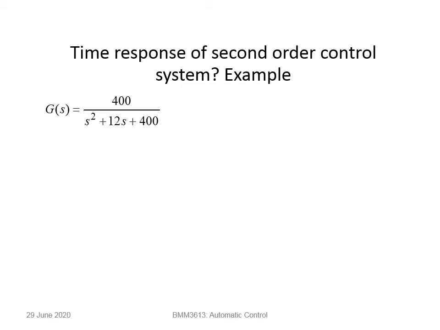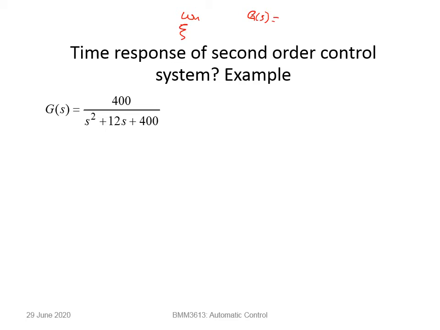So let's take an example of this transfer function. We have G(s) equals 400 over s square plus 12s plus 400. So what do we do to deduce what kind of second order time response it is? What we need to do, first and foremost, is write it in the form of the general transfer function, written using omega n, the natural frequency, and the damping ratio zeta.